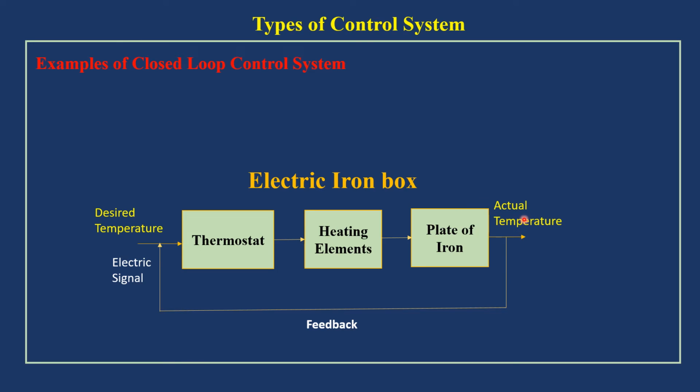So the actual temperature is the output condition. If the actual temperature attains the desired temperature, then the heating action will be stopped. If it does not attain the desired temperature, through the feedback element it is fed back to the thermostat, and it activates the heating elements to generate heat again.